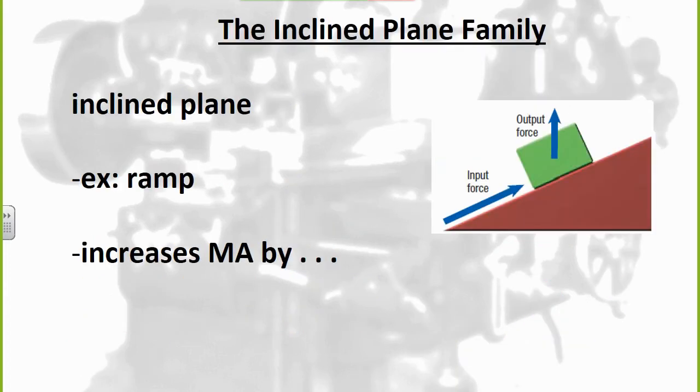All right, then we have the inclined planes. It's a whole family. We have 3 different types of inclined planes that we're going to talk about. And the first one is a ramp, right? It's a really basic, simple example. But basically, you have to increase your effort distance, your input distance, in order to increase your mechanical advantage.